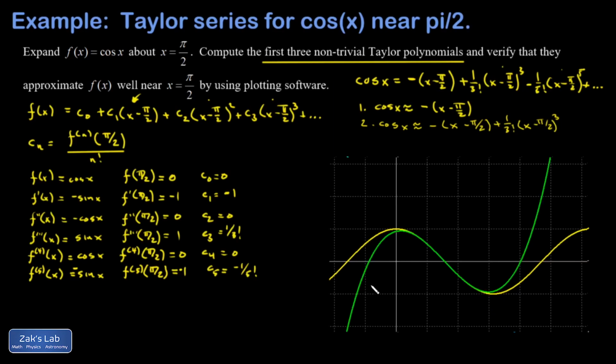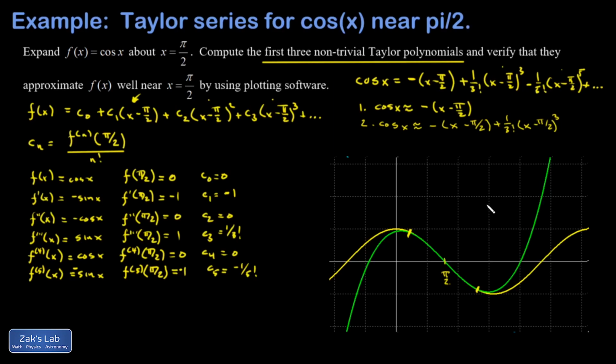In this picture, the green squiggle is my cubic approximation to the cosine function near pi over 2. Again, pi over 2 is right here. I can see that this approximates the cosine function very well from about here to about here before I can detect any kind of separation between the two graphs. So this nice convergence to the cosine function is spreading out wider and wider as we keep additional terms in our Taylor polynomials.